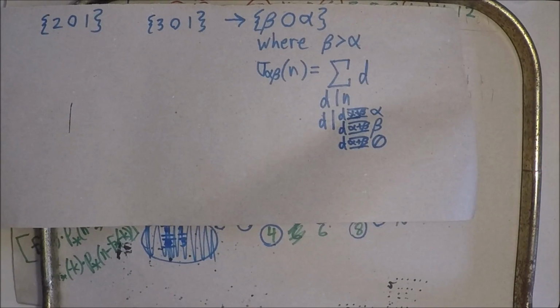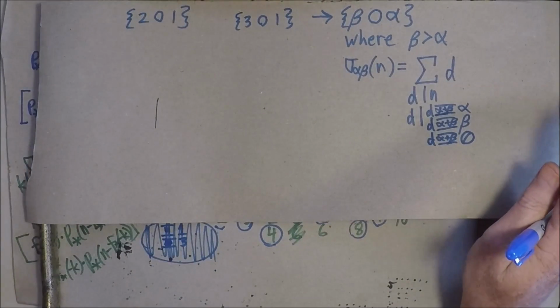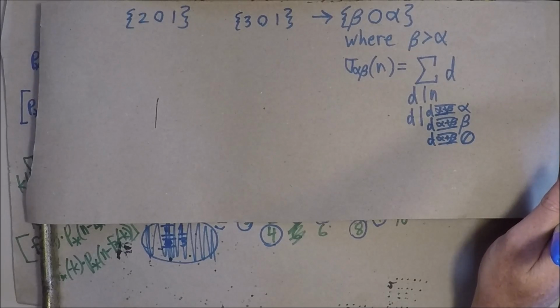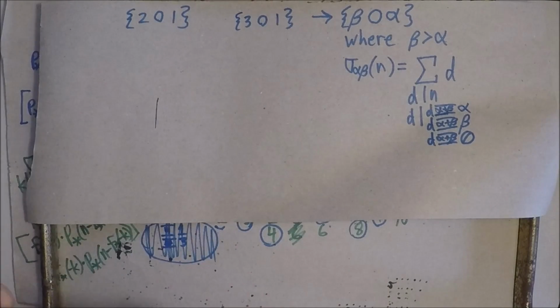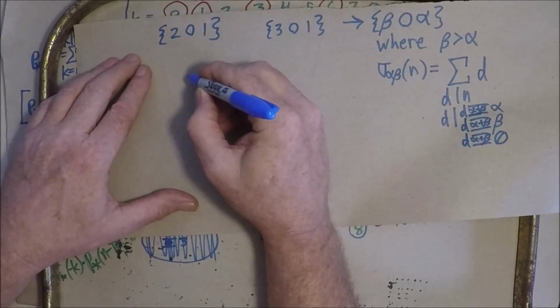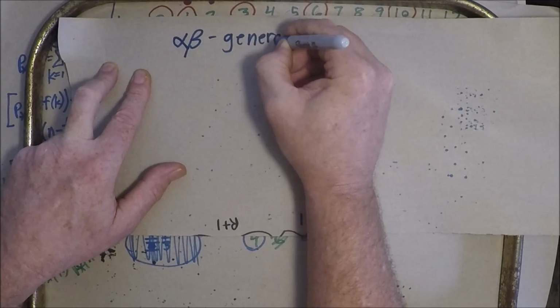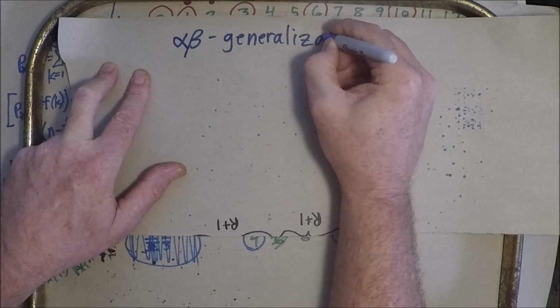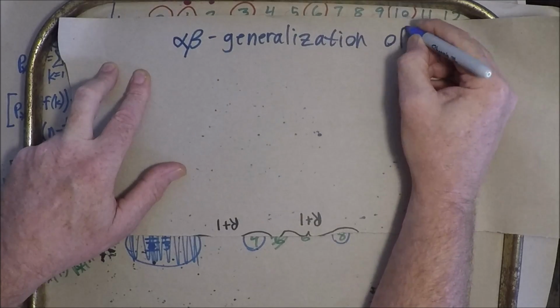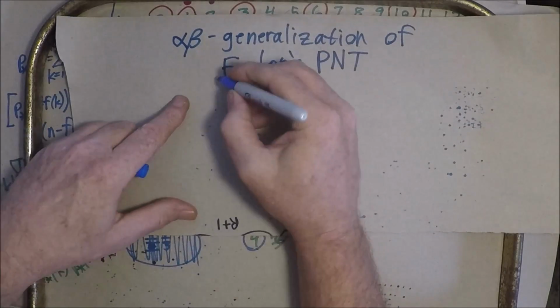And that is where the whole generalization I referred to in the title card comes from, and what it's all about. It is all about this alpha beta generalization of Euler's pentagonal number theorem.